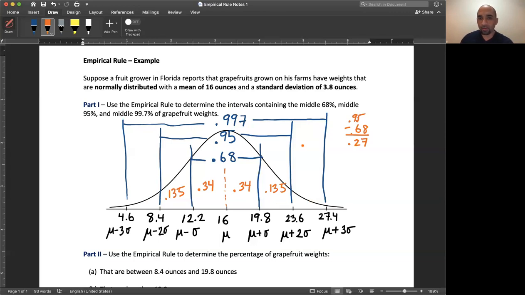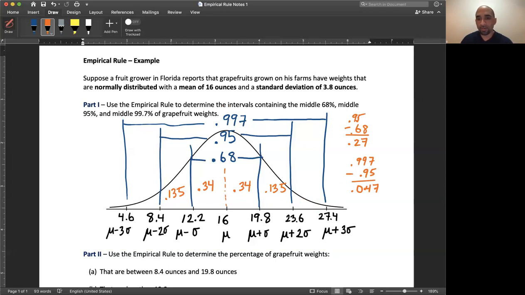Let's do the math. So we have 0.997 minus 0.95. We get a difference of 0.047, which is 4.7%. That is the sum of the percentages in both of these.